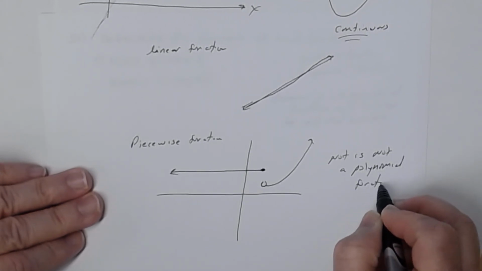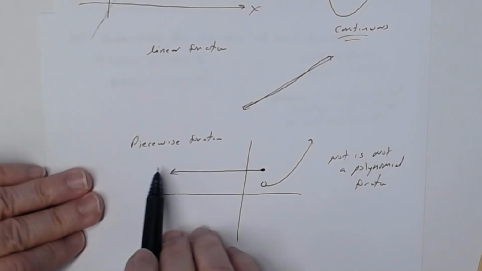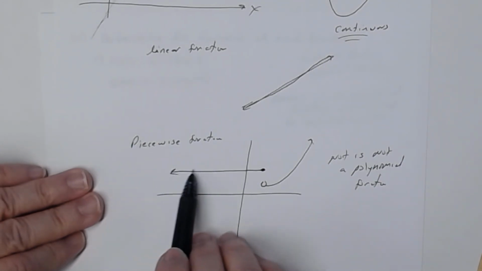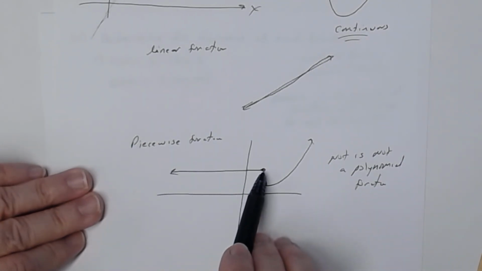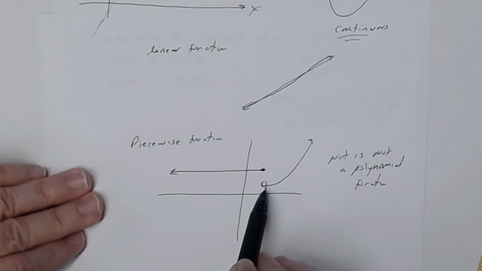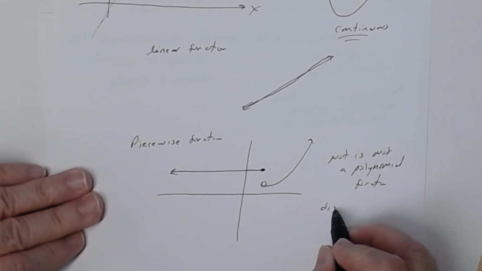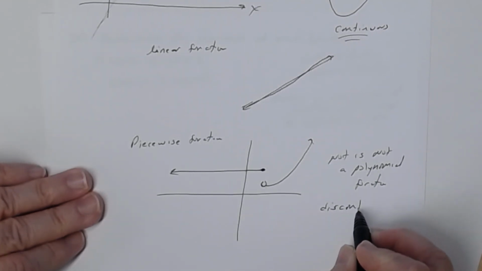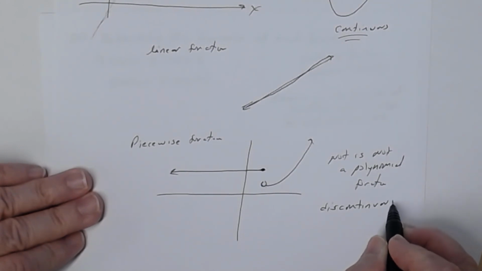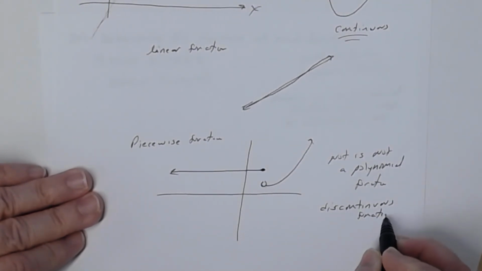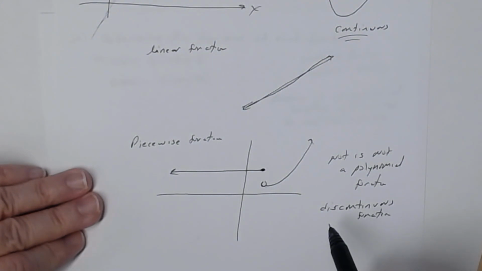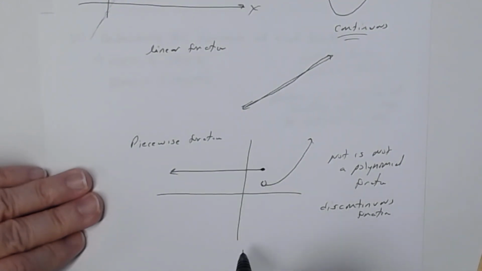The reason it's not a polynomial function is because when I trace over it, going from left to right, I have to jump to get to this other part. So there's a jump, so it's discontinuous. So it's a discontinuous function, and this discontinuous function is not a polynomial function.